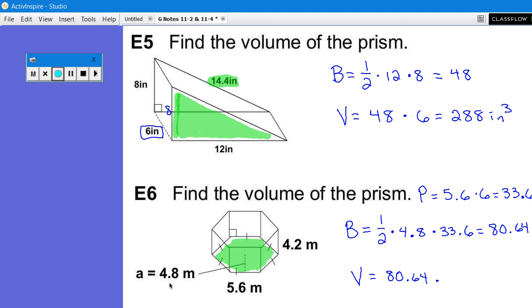So the height is going to be the distance between that top and bottom, which is this 4.2. And that puts the volume of the shape at 338.688 meters cubed.